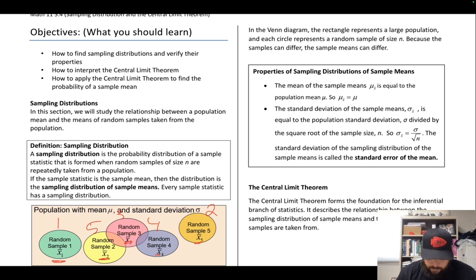And so properties of sampling distribution of sample means has a couple key features. So notice it is mu x bar is equal to the population mean mu.